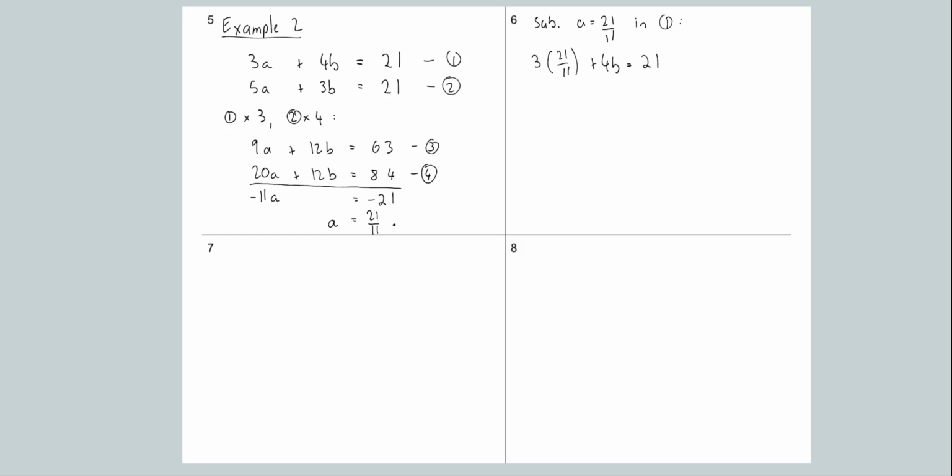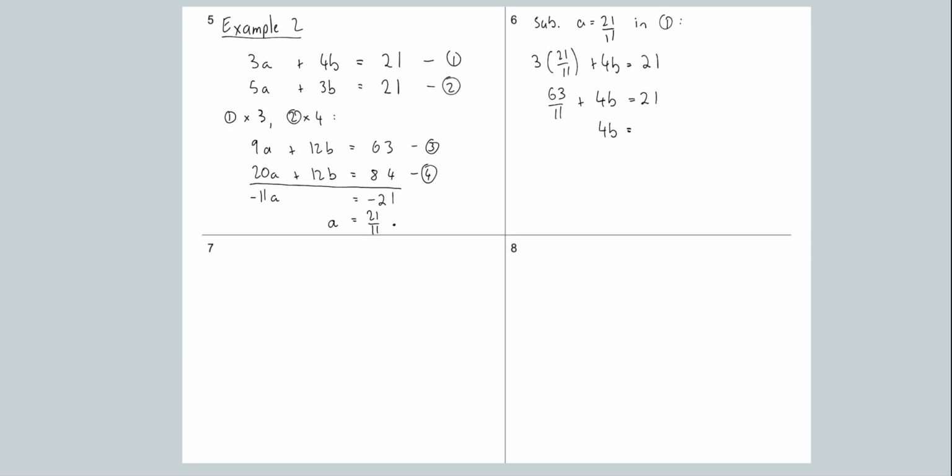So that's going to give me 3 times 21, which is 63. So I'm going to have 63 over 11 plus 4b is equal to 21. I'm now going to subtract 63 over 11 from both sides. So that's going to be 4b on that side.